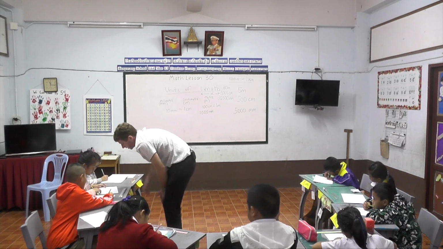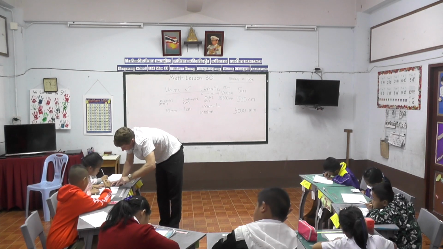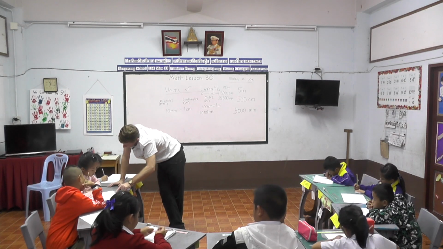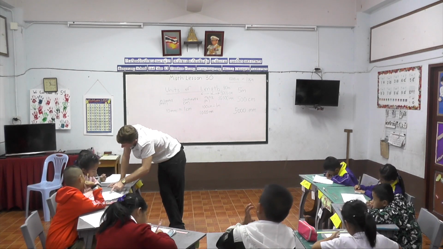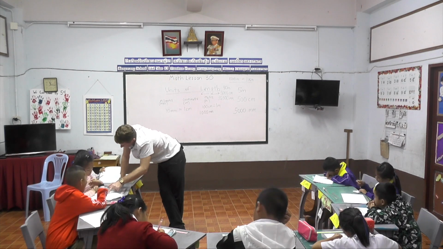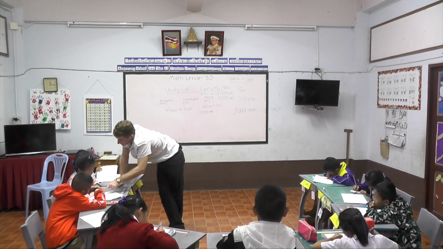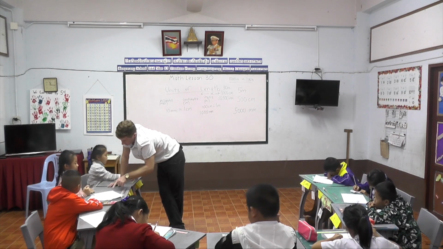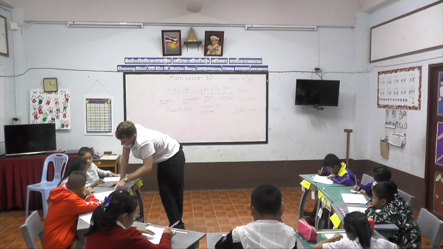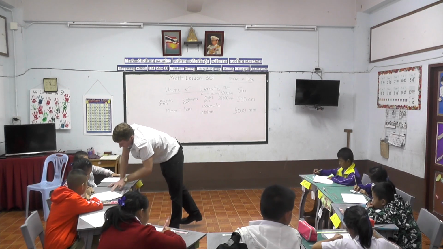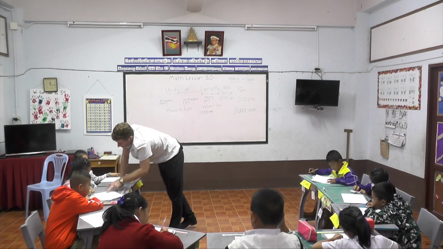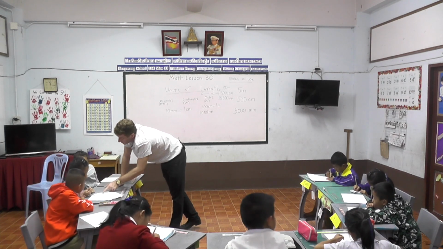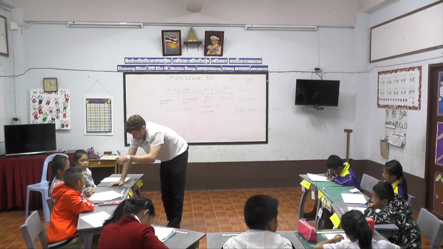Tell teacher about this one. 60 meters. Do we think the same? 60 meters is 6,000 centimeters and 60,000 millimeters. Yes. Same. 100 meters, 10,000 centimeters, 100,000 millimeters. Excellent.